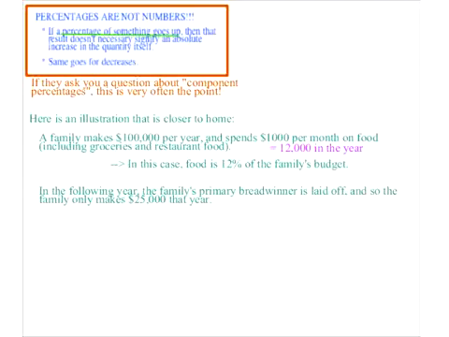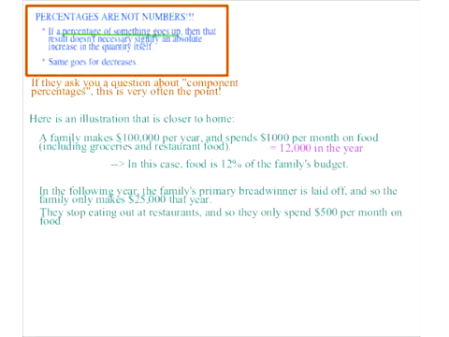And so they only spend $500 per month on groceries, on food. Well, we have an obvious decrease in the amount of money spent on food, but if you look at percentages, look at what happens.